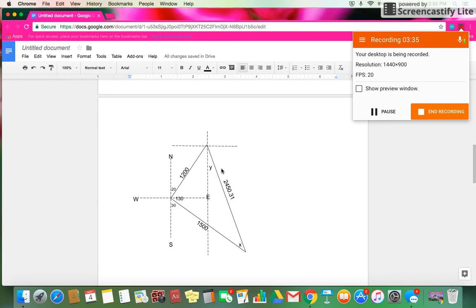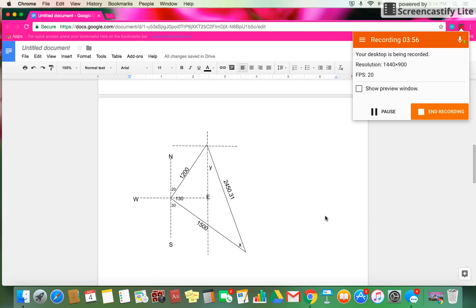So Y is what you're trying to find, and you're going to use that as the bearings. And the first step to finding Y is you're going to want to find this whole angle measure here. But since you can't find that, you're going to start by finding the third angle down here, which is going to be x.